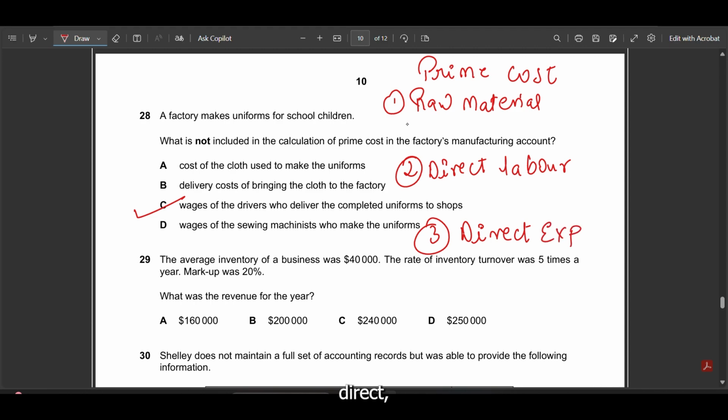Anything related to these three things will affect your prime cost. Here the third option is talking about a finished good, so that's the reason it will not affect your prime cost. So C is the right option in this case.